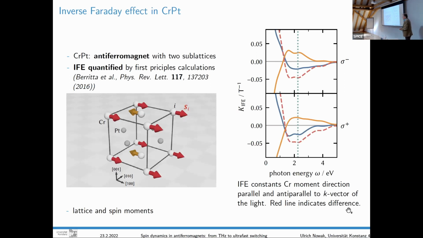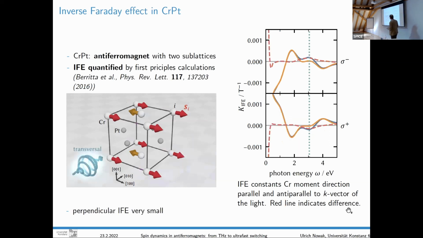In Peter Oppener's group, they did calculations of the inverse Faraday constant, which is shown here. It is frequency dependent, and it is different on the two sublattices, shown here in yellow and in blue. The most important message is that at some frequencies, it even has a different sign, which means it is staggered. It is not exactly antisymmetric, by the way, but it has different signs.